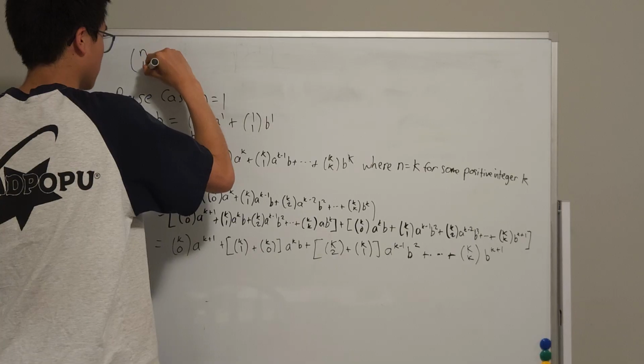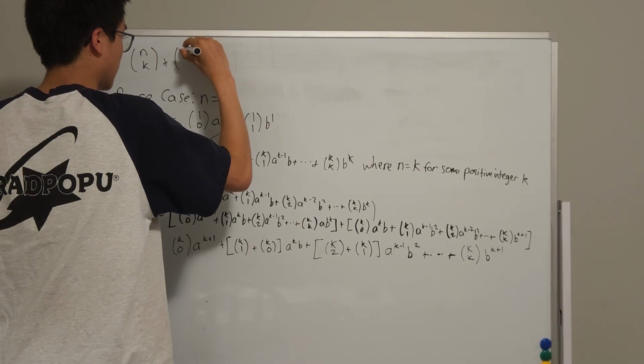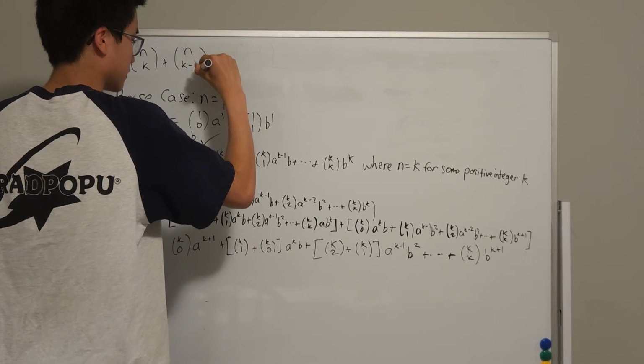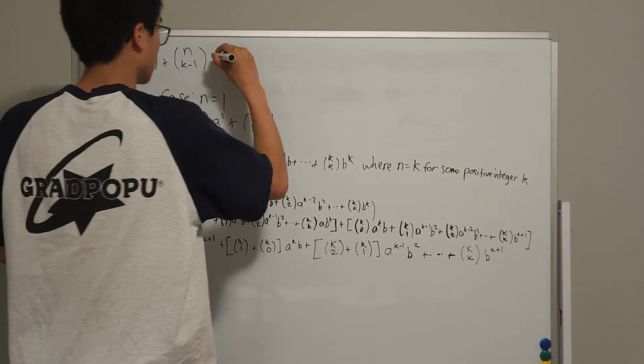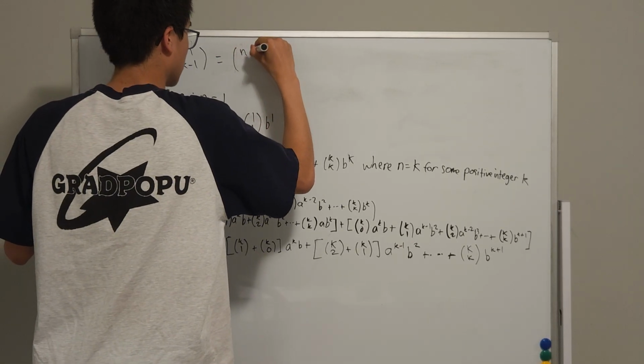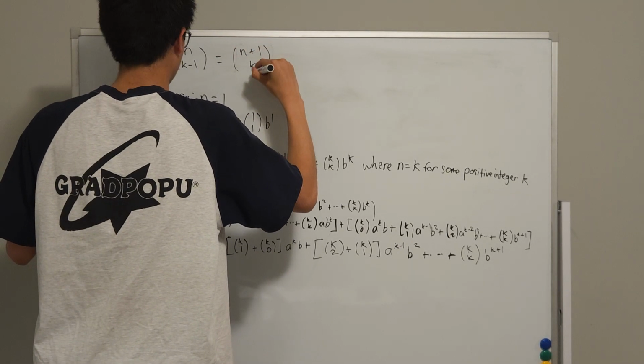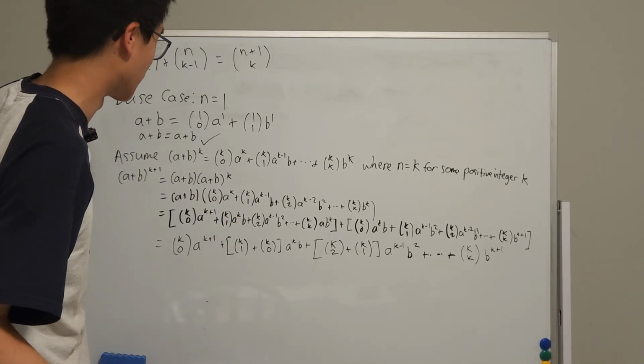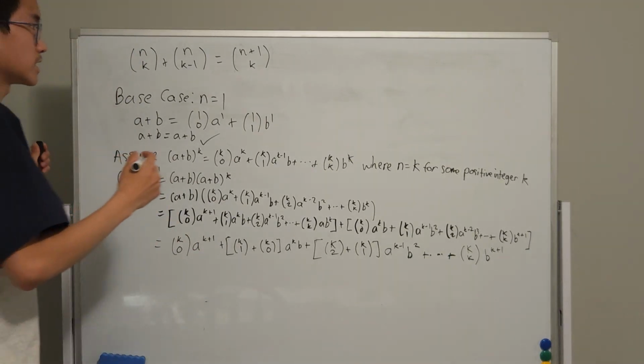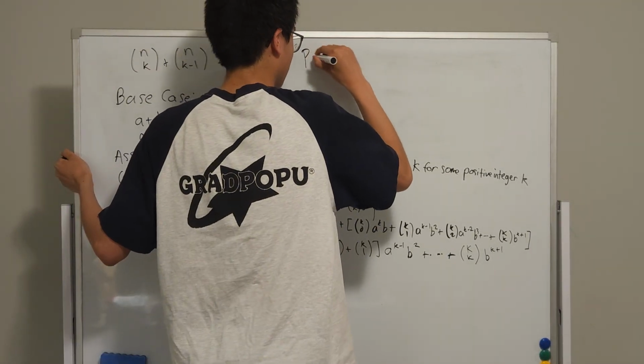n choose k plus n choose k minus 1 equals n plus 1 choose k. Yeah, based on what I'm seeing right here. So this is known as Pascal's identity.